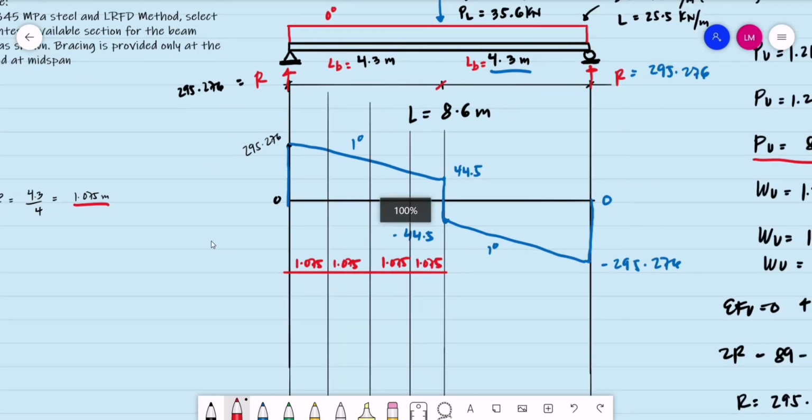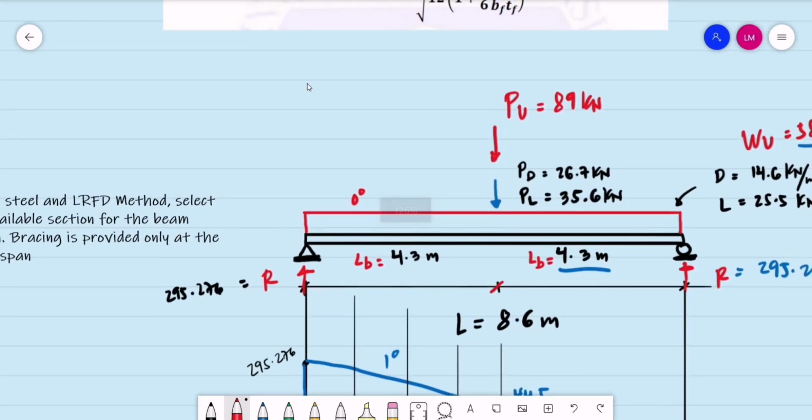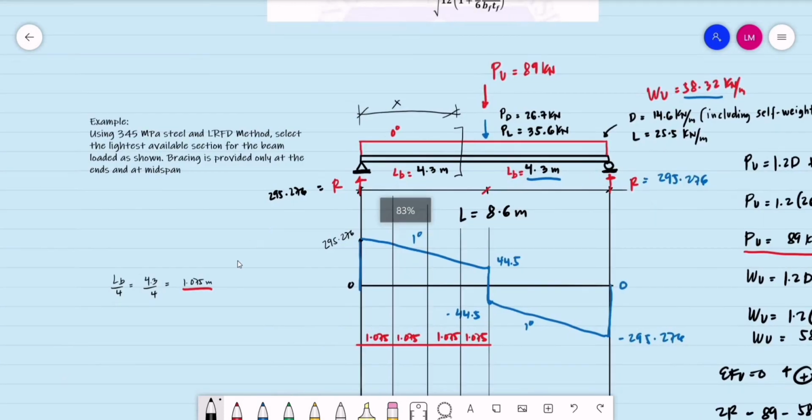How do we determine the moment about that point? For an easier computation, all we have to do is write our moment equation. We cut this beam at a section, and we assume a distance x from the left end. So what will be that moment equation?